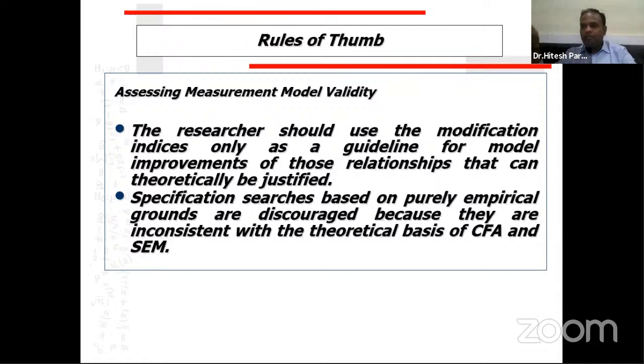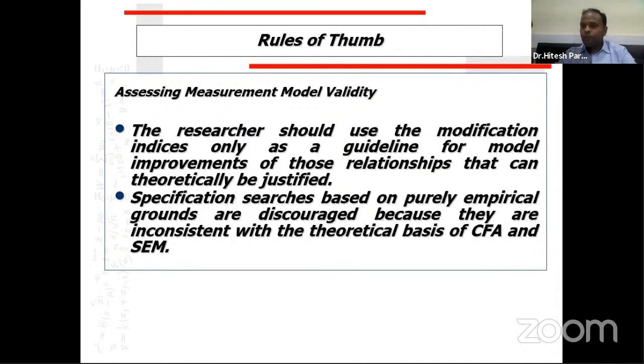There are certain ways and means by which we can improve the model fit or CFI value. One of them is that we go for modification indices. In modification indices, we are giving correlations to the errors. In our base model or original model, we are not giving any correlation between the error terms.